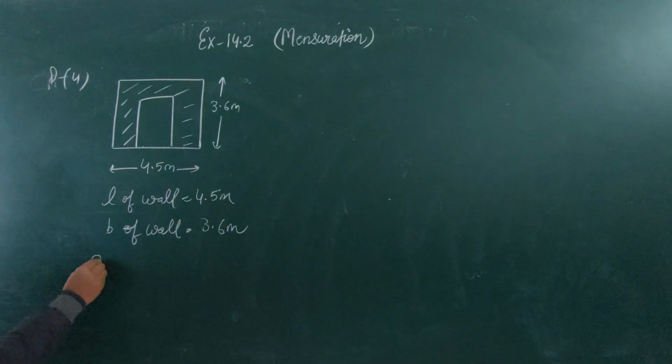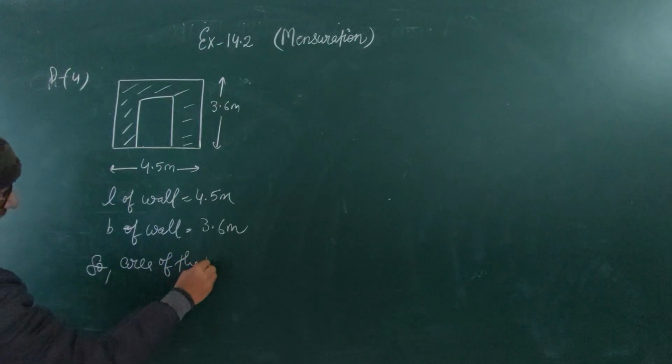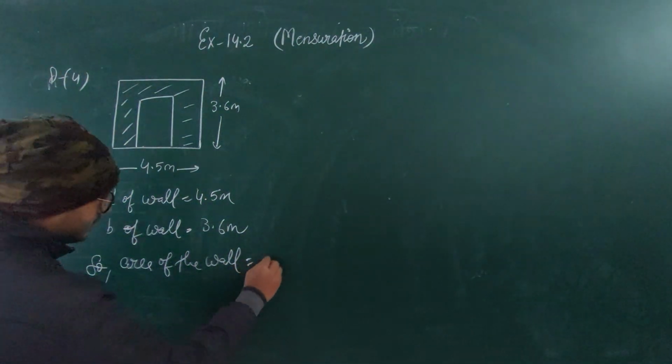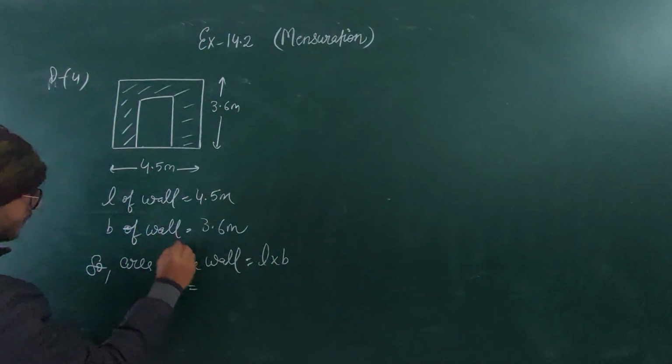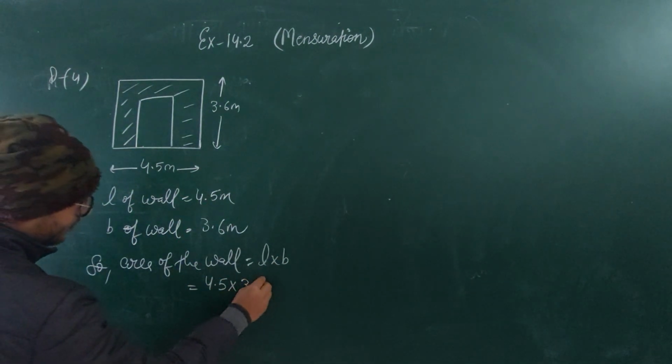So what we can find? Area of the wall. So area of the wall will be equal to the area of the rectangle, and by formula the area of a rectangle is equal to length into width, length into breadth. Length is 4.5 and breadth is 3.6.